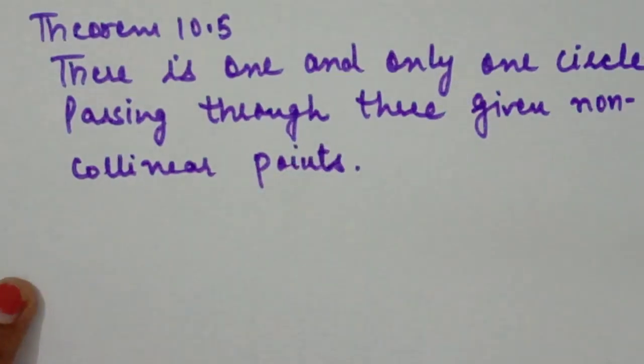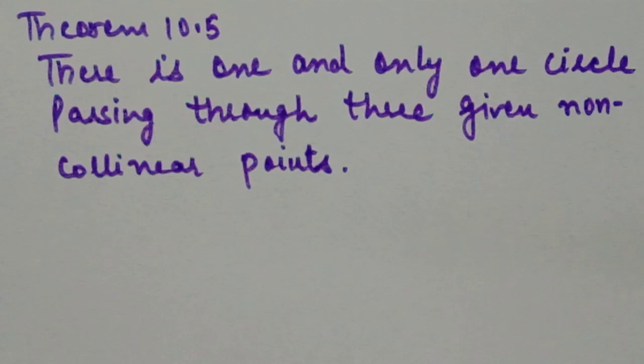So students, I already explained to you the meaning of collinear points. Collinear points are those points which are present on the same straight line. If we have two or more points and they all are present on the same straight line, then they are collinear. If they are not all present on the same straight line, then they are non-collinear points.